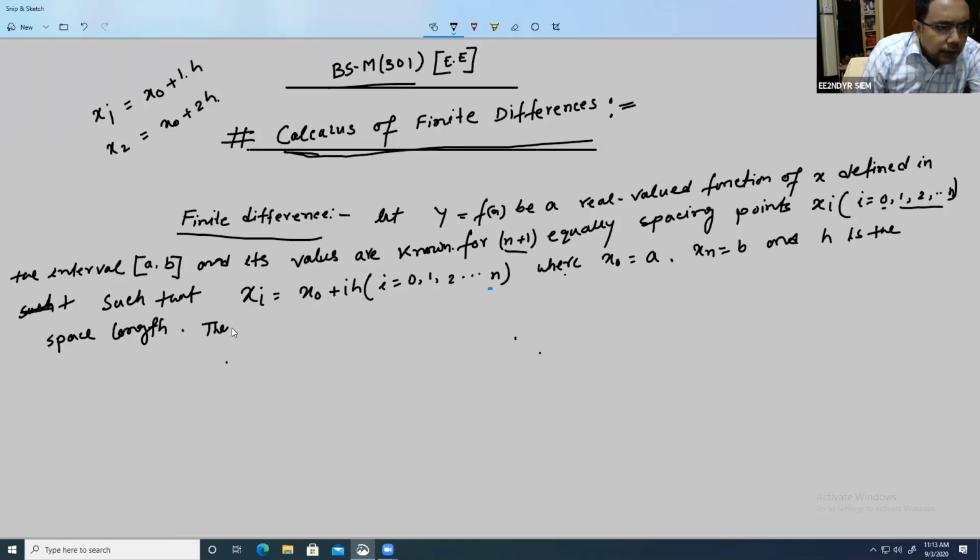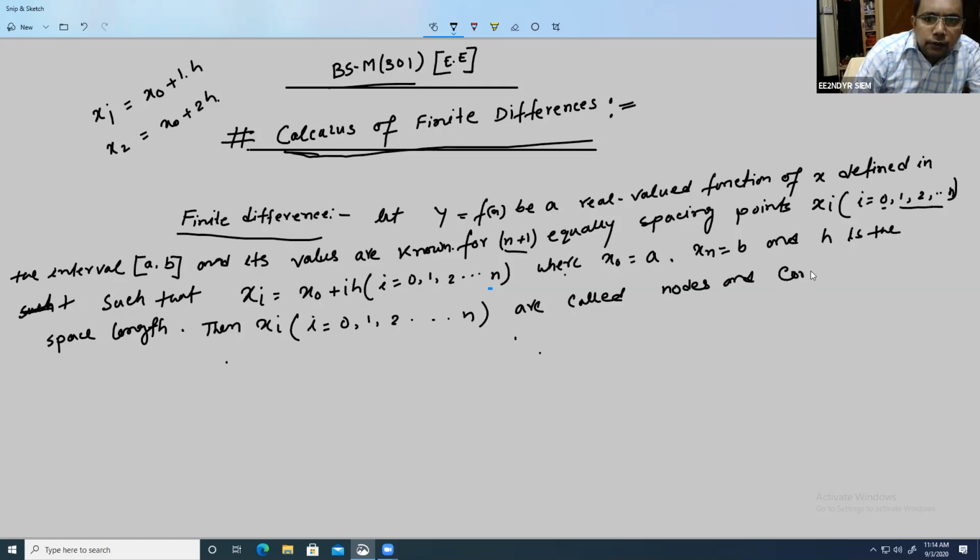Then xi, i equal to 0, 1, 2, up to n, are called nodes, and corresponding values yi are termed as entries.